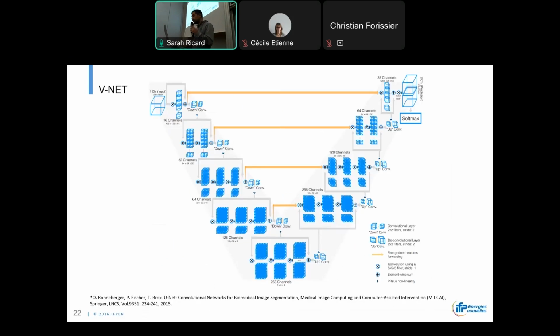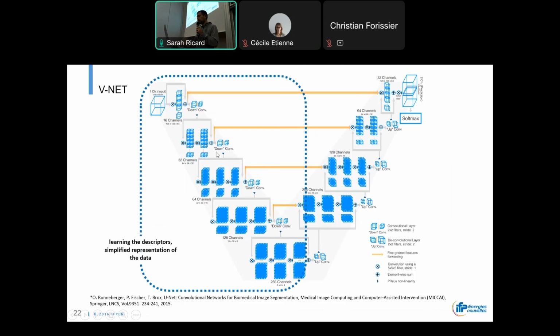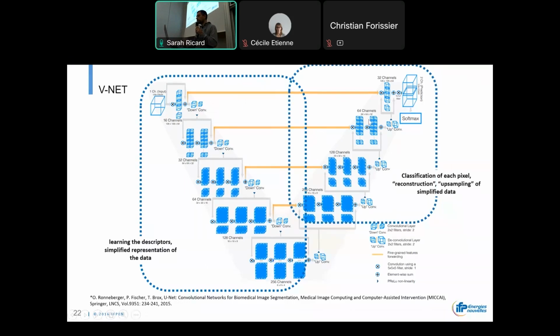So the idea is very simple. You change the 2D convolution to 3D convolution, and you obtain something that can be used with volumes. So you can transform a volume to a volume using something quite similar to what I presented before. It's called VNet, okay. You have something that learns a description of your volumes, and a decoder that constructs a volume from this description.